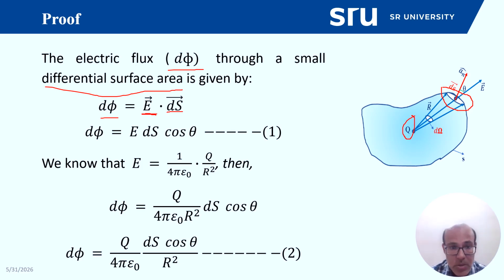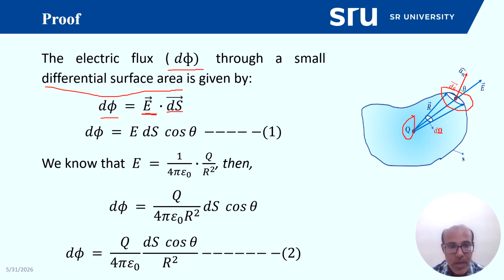Now it is not the simple multiplication, it is E dot ds, just like work done is F dot S. If you take away the dot, you get cos theta, as A dot B is AB cos theta. Just like that, d phi is equal to E ds cos theta.